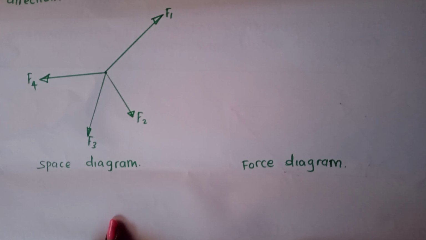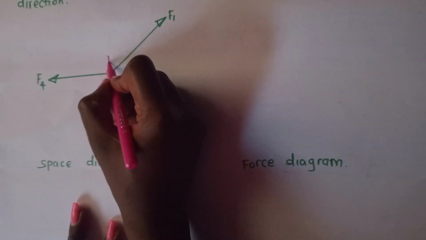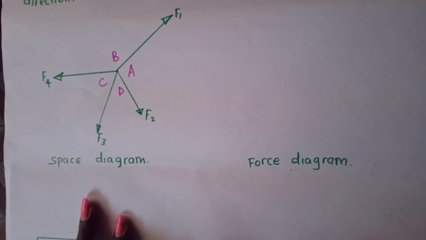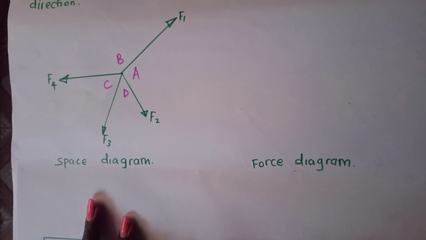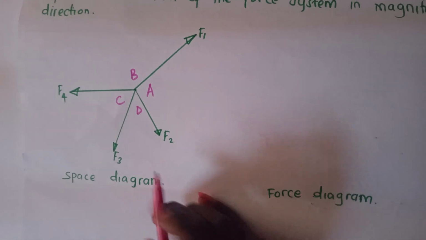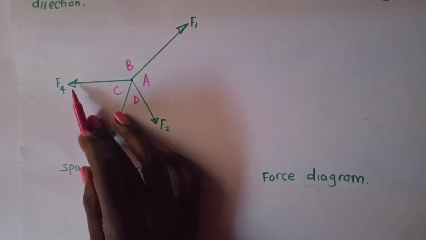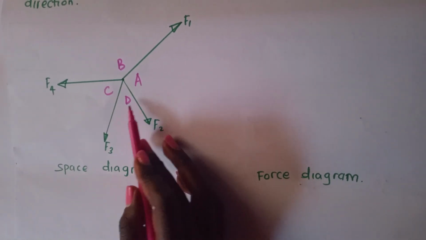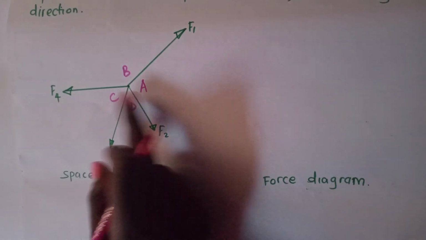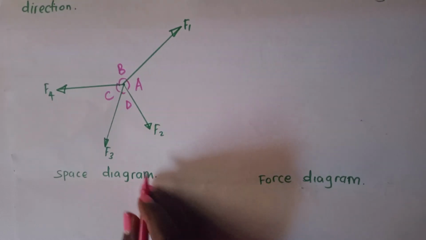In the polygon law, you can name your diagram with capital letters A, B, C, and D. Remember, I'm putting our letters between the forces. That is why I'm having A and B for force 1, B and C for F4, C and D for F3, and D and A for F2. So you will identify a suitable scale for this. Remember, this is our force diagram, and here are our angles given in degrees.